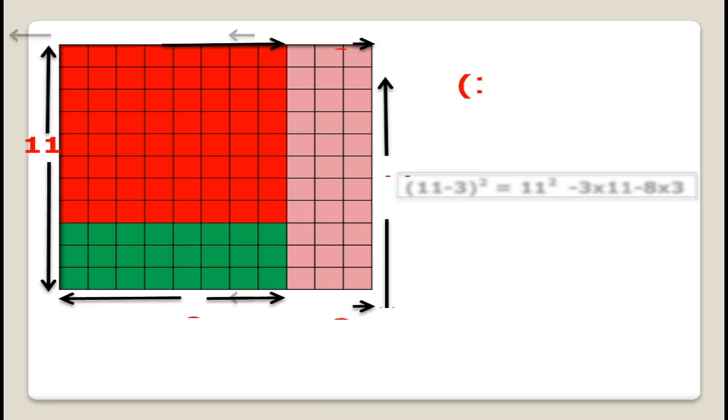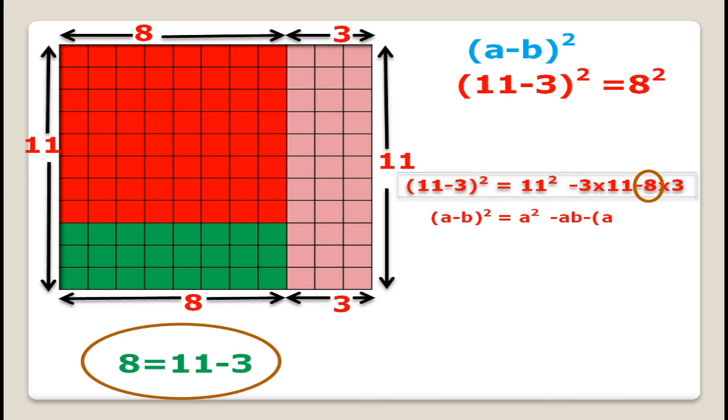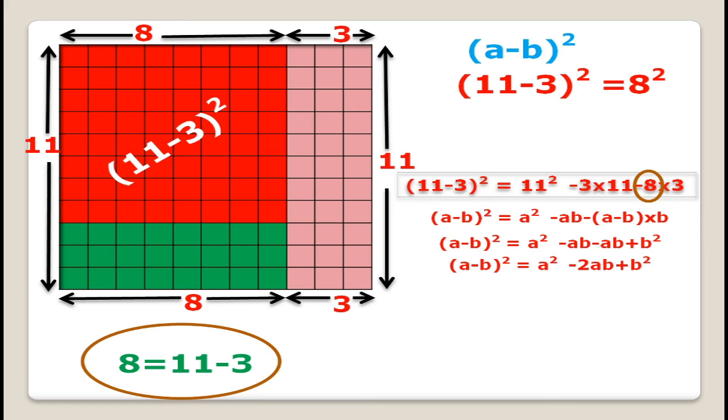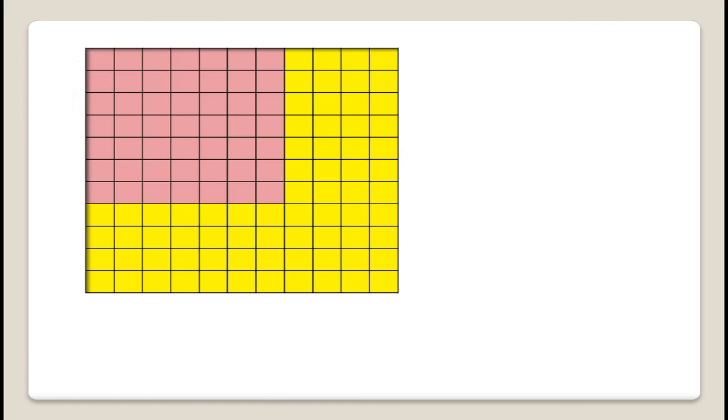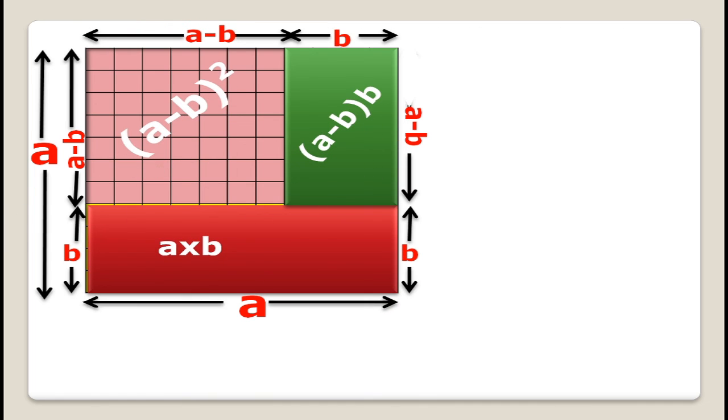And then we subtract these two rectangles' area from 11 square, which we are taking as A. So now replace A, 8, that is A minus B. When we substitute the values, we have a perfect trinomial here, that is the square of a binomial number. So this result is true for all the numbers.